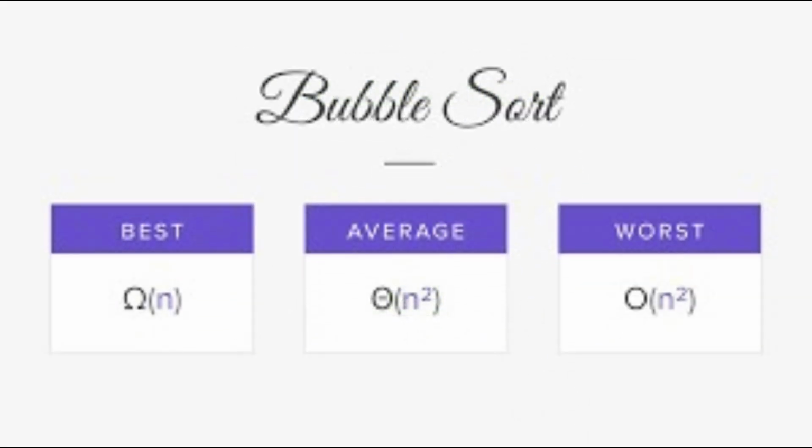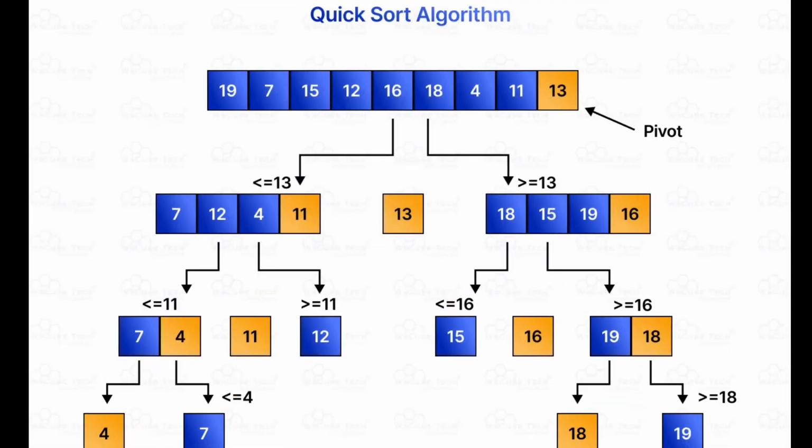Third, bubble sort. A straightforward sorting algorithm that repeatedly steps through the list, compares adjacent elements, and swaps them if they are in the wrong order. It has a time complexity of big O n squared. Fourth, quick sort.